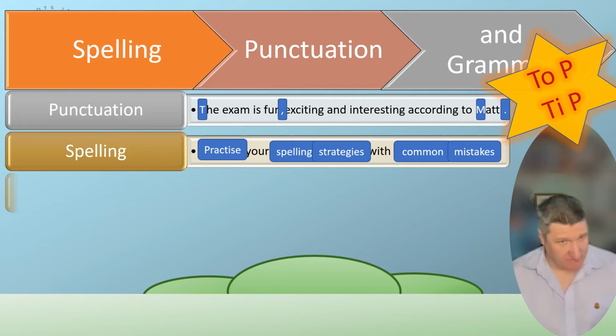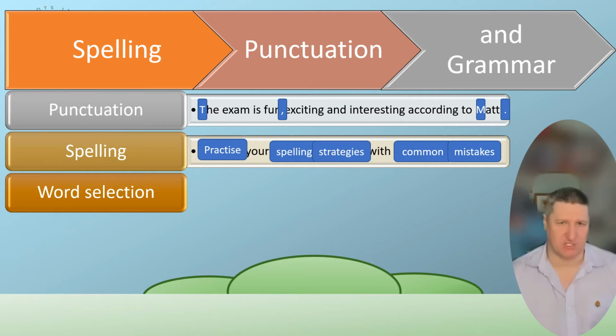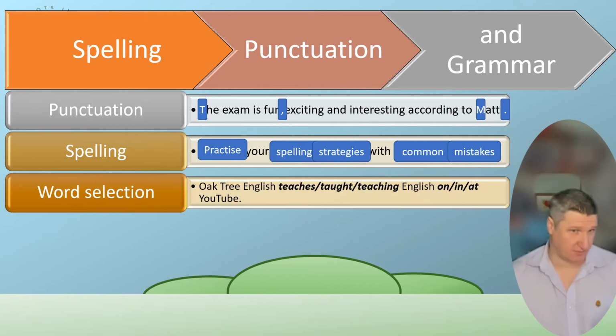Exercise 3 is word selection. You're given a text with 3 options to fill a particular word. This often tests tenses, prepositions and adverbs, which often get confused. For example, Oak Tree English teaches, taught or teaching English on, in, at YouTube.